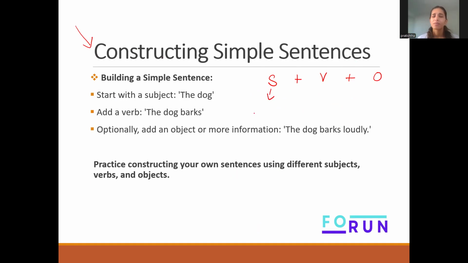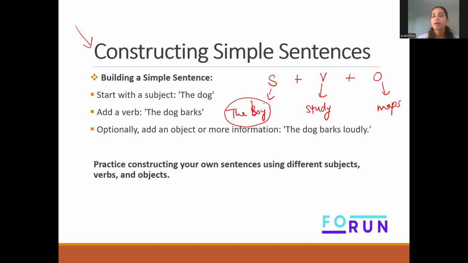So subject can be anything. Let's just take boy, or the boy, in fact. Let's take any random verb. Let's take study. Let's take any object. For example, let's take map, or maps.